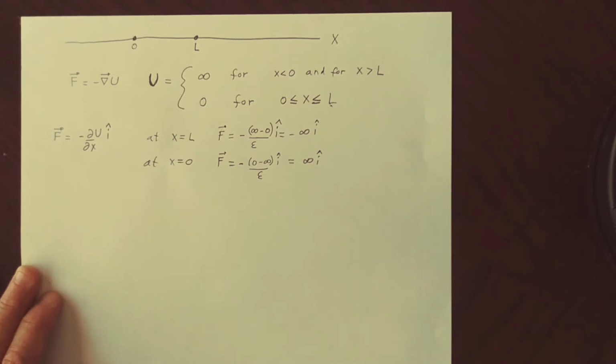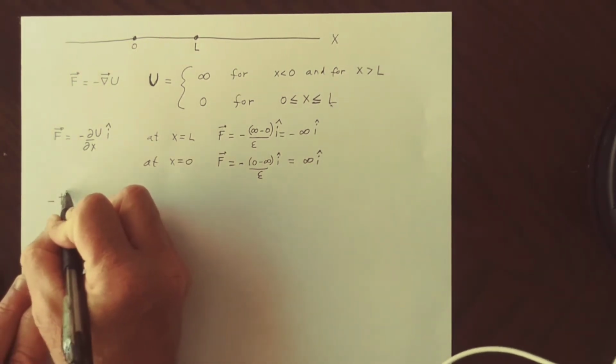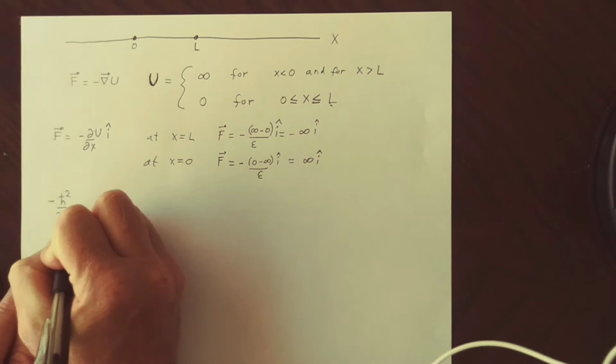Okay, so that seems like that accomplishes what we need, and now we want to find the solutions. What's the behavior of this part? What's the wave function? Okay, so let's go to the time-independent Schrodinger equation, right?